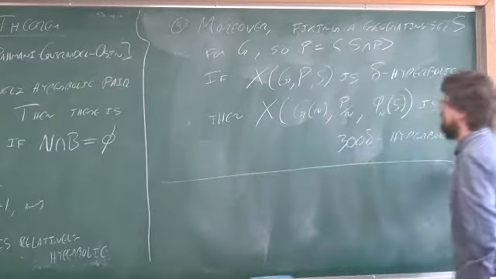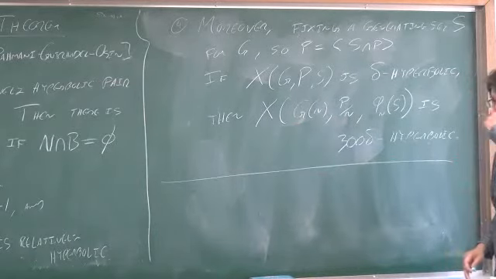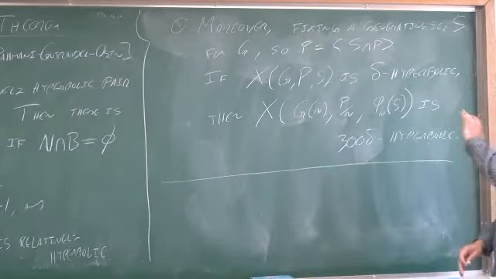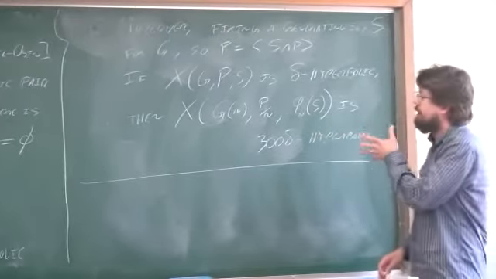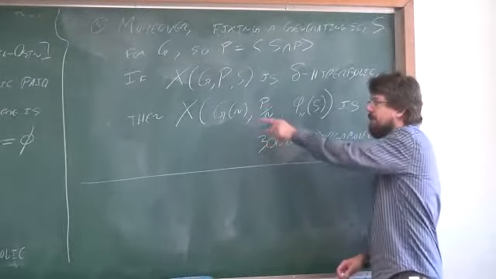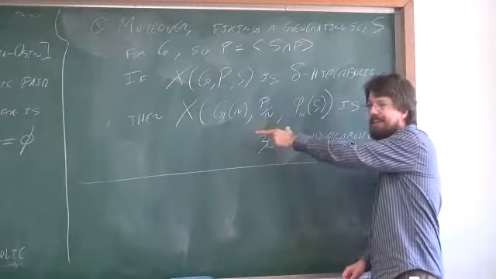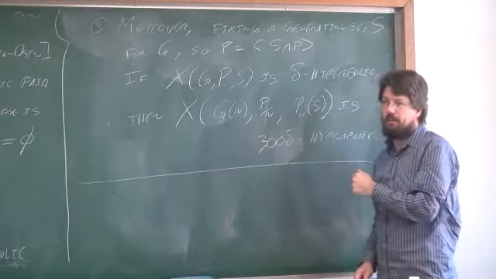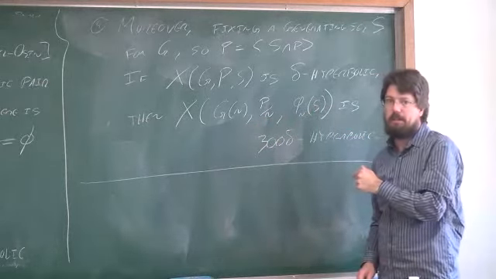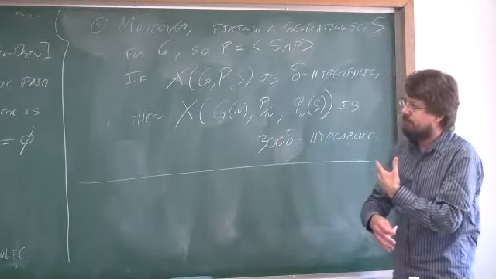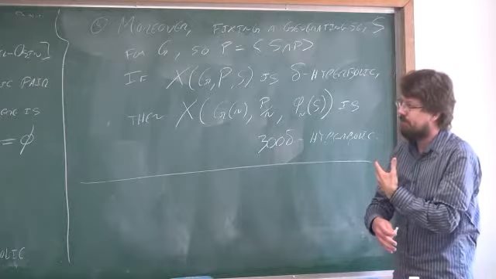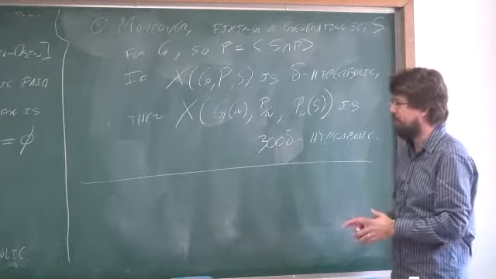Now the 300 delta is really probably 4 delta, but the things I'm going to quote today get you 300 delta. The important thing about this last part is that the hyperbolicity of this cusp space for the quotient is independent of n. Well, we'll talk about why that's important later.